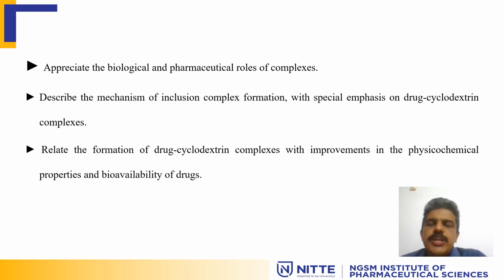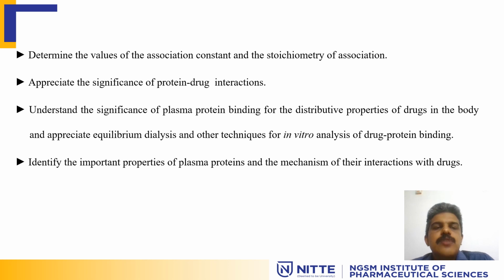So we call it the enhancement of physicochemical properties and bioavailability of the drugs. This application is widely seen in the case of inclusion complexes or occlusion complexes. So next, determine the values of association constant and stoichiometric associations.